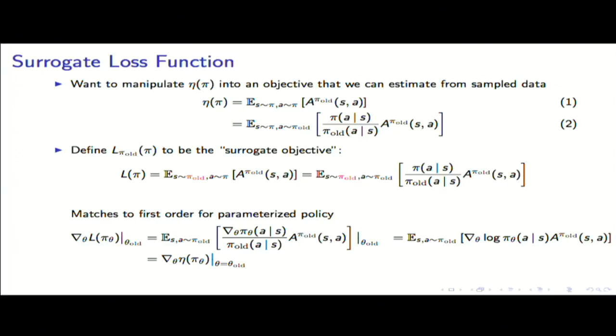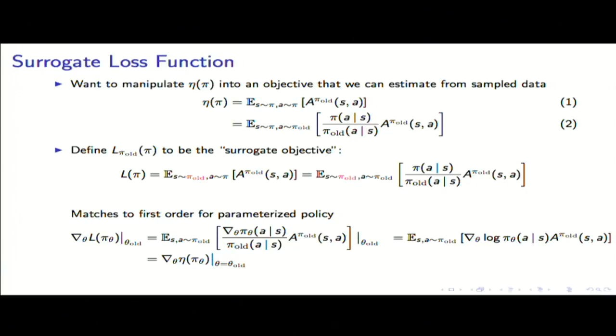Since pi appears in the expectation, we don't have a good route to estimate this expectation at a new value. That's why we form this approximation L, where all the expectations are taken with respect to the old policy.